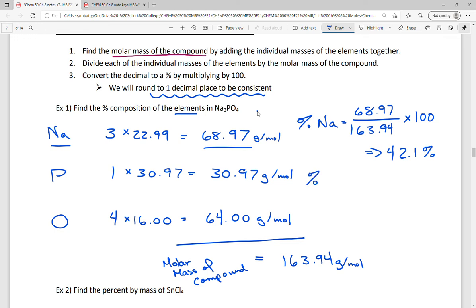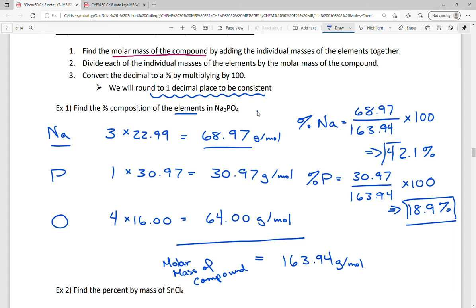The percent by mass that is phosphorus would be that 30.97 divided by the total molar mass and times 100 to figure out its percentage. And so the percentage of this compound that is phosphorus is 18.9%. I like these because they're very repetitive and much like figuring out molar mass.